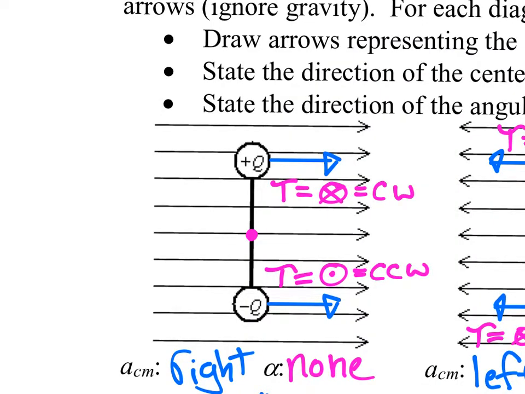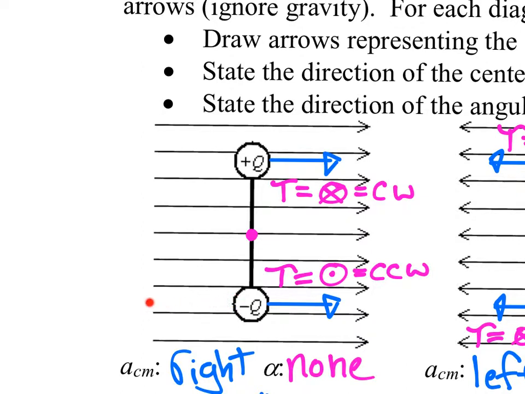I realize I made a little mistake on this first one. A positive charge moves in the direction of the electric field to the right. I must have not seen the negative when I went through this at first, because a negative charge would really move in the opposite direction of the electric field.